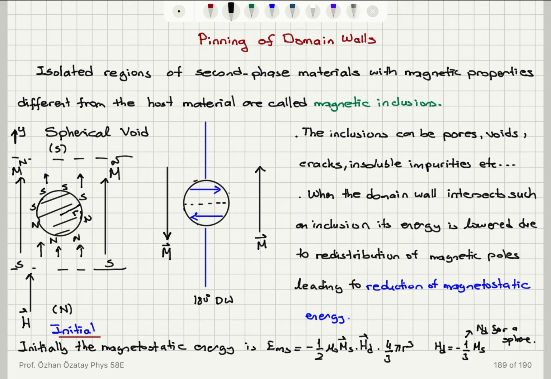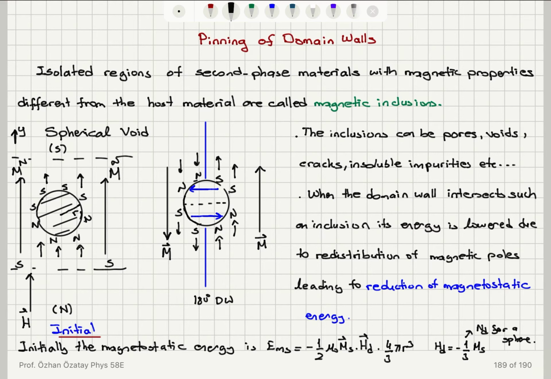Now I will have the south poles on this side, the north poles on this side, and south poles on this side, and north poles on this side, so that the magnetization would be pointing like that. And with that, the arrow direction will change, so it will just be pointing to the left here and pointing to the right here. Okay, so we have corrected the magnetic pole configuration.